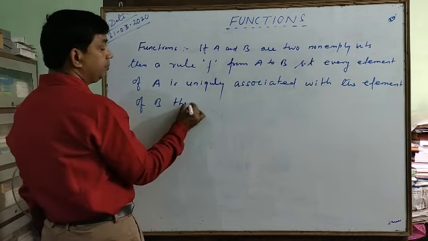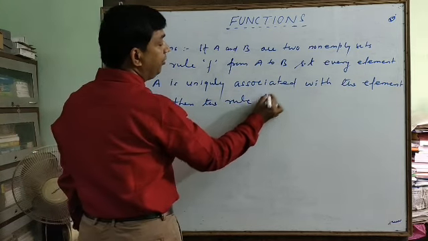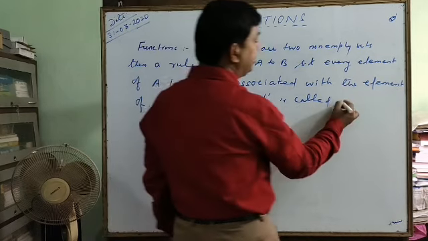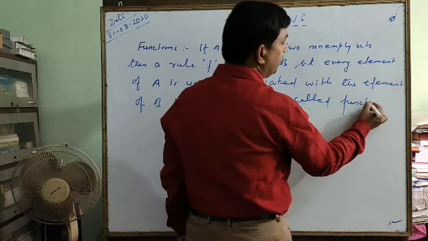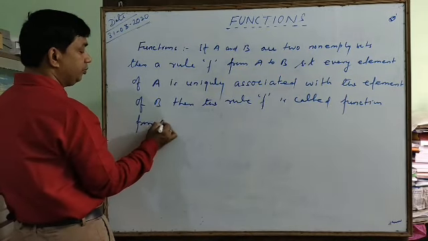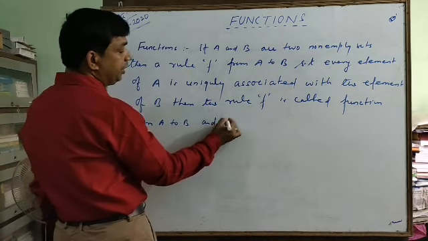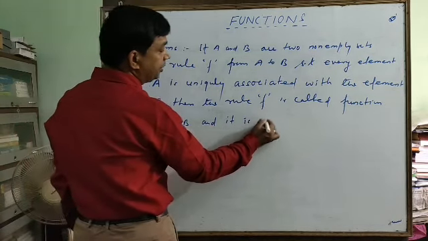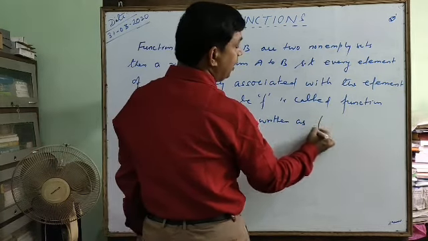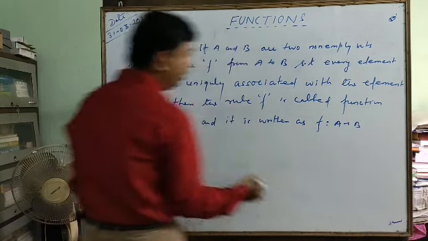Then the rule f is called a function from A to B, and it is written as f is a rule from A to B in this way.